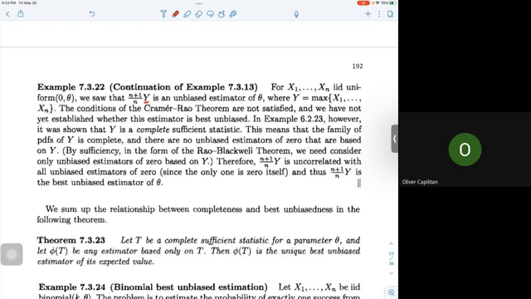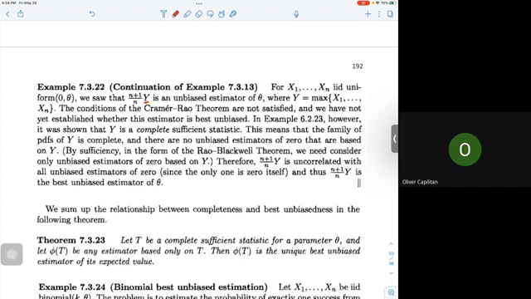Okay, so the conditions of the Cramer-Rao theorem are not satisfied. Bakit nga ito hindi nag-satisfy yung Cramer-Rao theorem? Because the range of the PDF depends on the parameter. So the Cramer-Rao theorem is not applicable to this PDF.